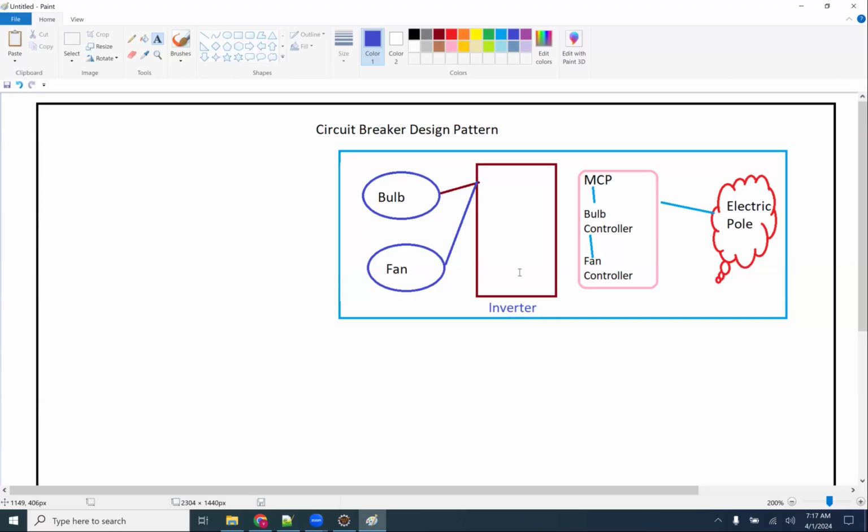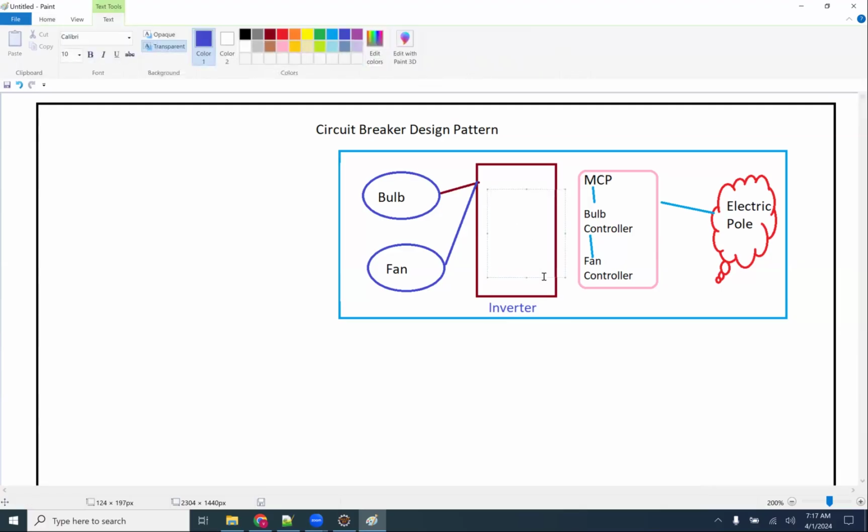And my inverter logic is primary and secondary. Primary part as well as secondary part. Primary path as well as secondary path here.